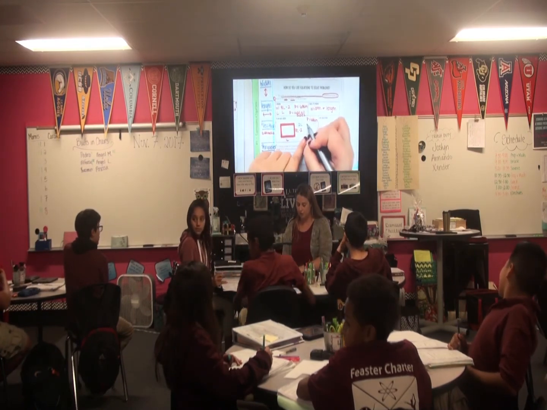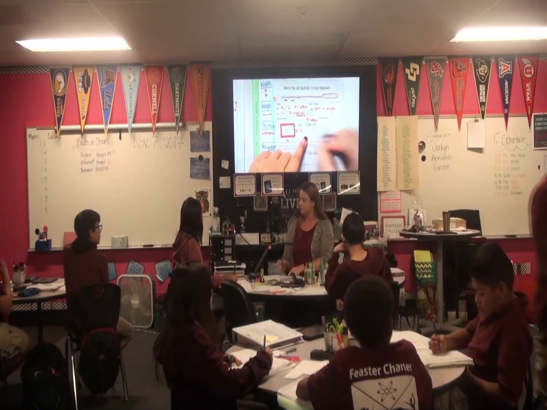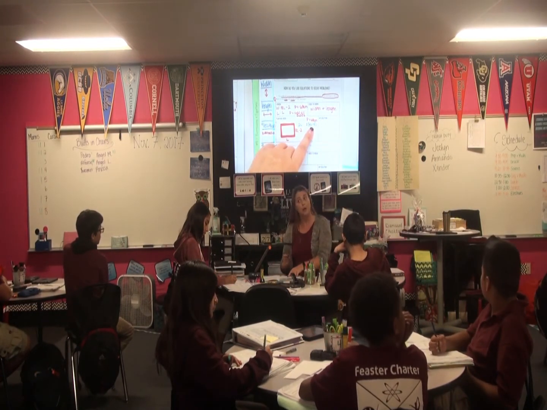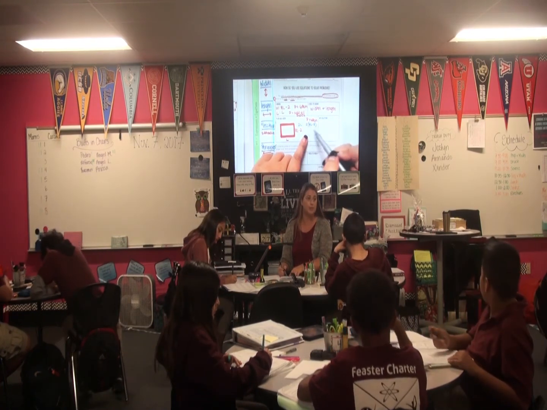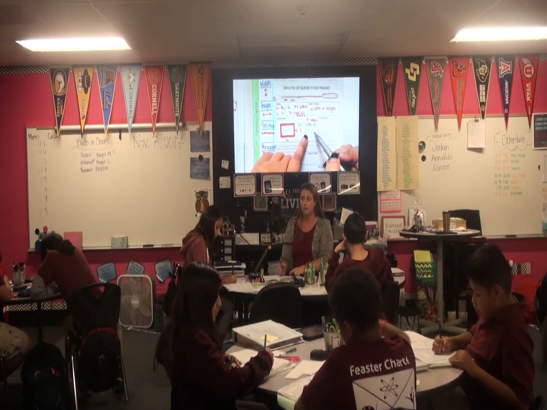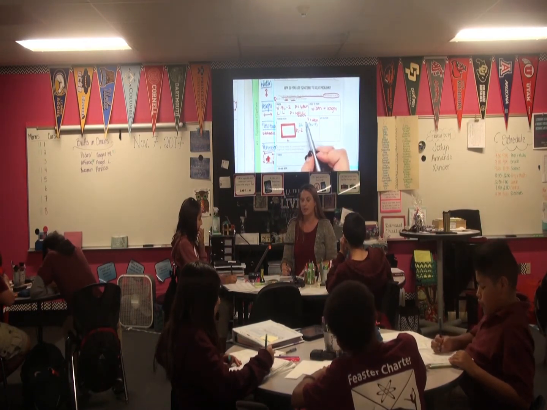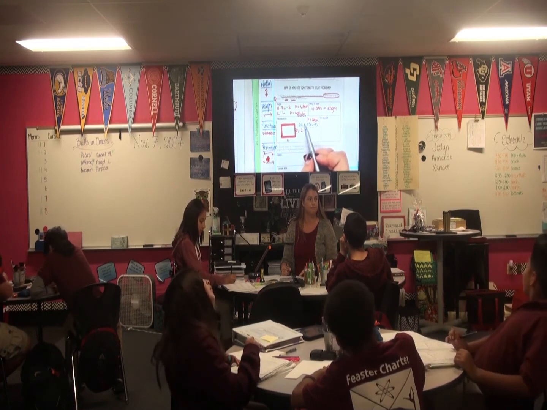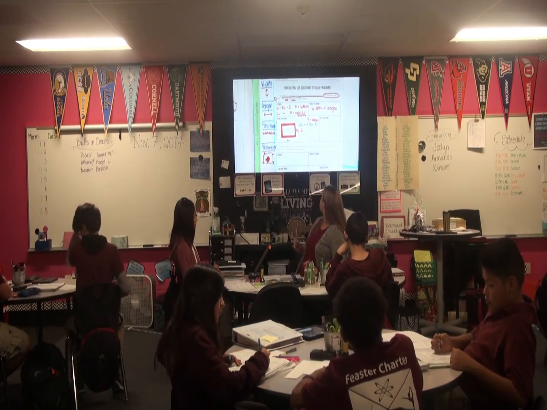So can I just do 2 parentheses 8L minus 2? And this is why we learn distributive property, because each of these numbers inside the parentheses is going to be distributed with the 2. And if we're adding all the pieces, what operation goes in the center of those two pieces? Addition. Okay.